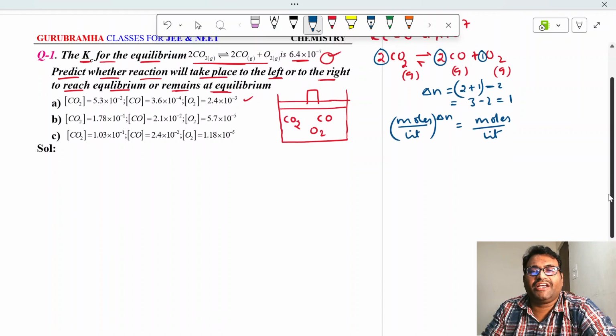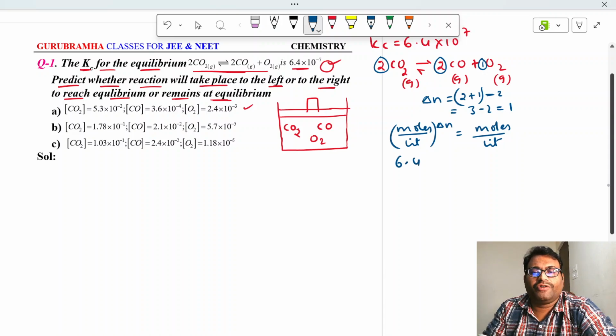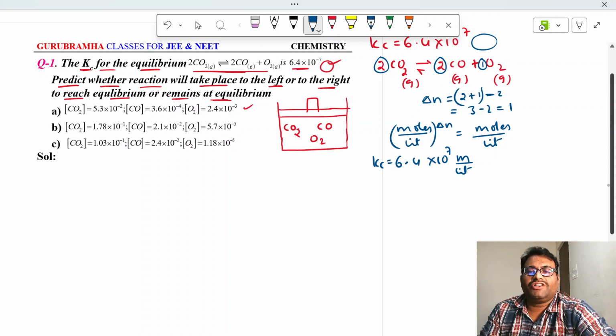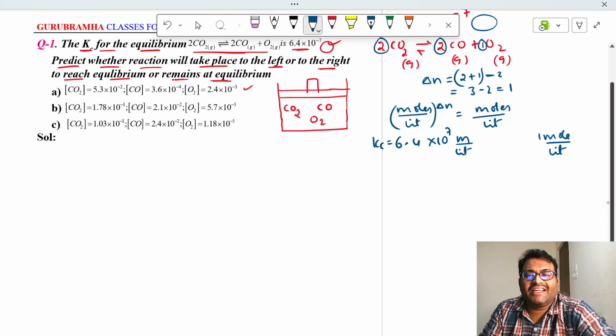So actually we have to write Kc is equal to 6.4 into 10 power 7 moles per liter. But here moles per liter is not given. Why have they not given it? How do we take this? We are relating this Kc with 1 mole per liter. How many times is this Kc to that of 1 mole per liter? It is 6.4 into 10 power 7 times.